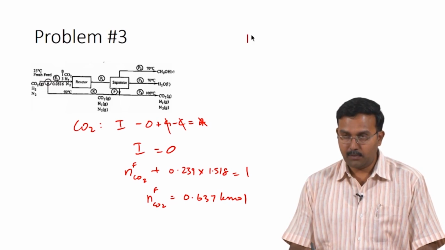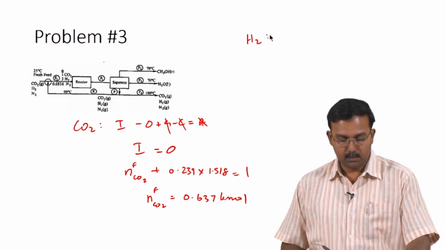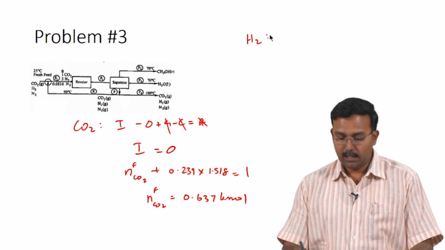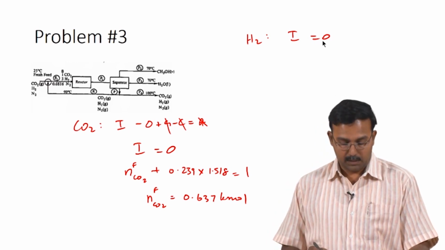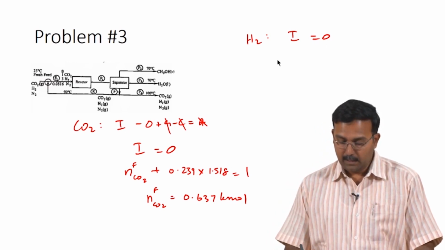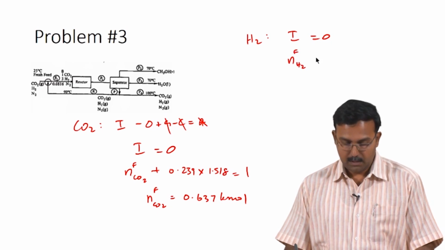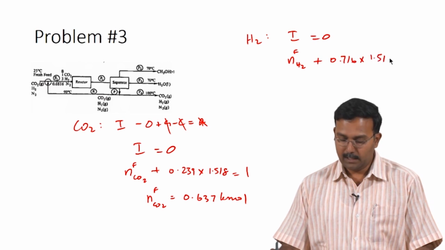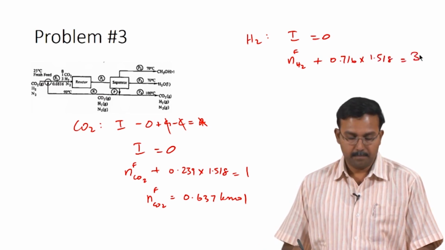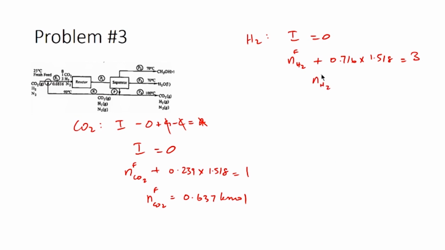Similarly, we can write a balance for hydrogen. The hydrogen balance would again be input equals output. For a non-reactive system at steady state, it would be input equals output, and the equation would be N hydrogen F plus 0.716 times 1.518 equals 3. Solving this, you would get the number of moles of hydrogen coming through the fresh feed as 1.913 kilomoles. Similarly, we can write a balance for nitrogen, which would again be input equals output.